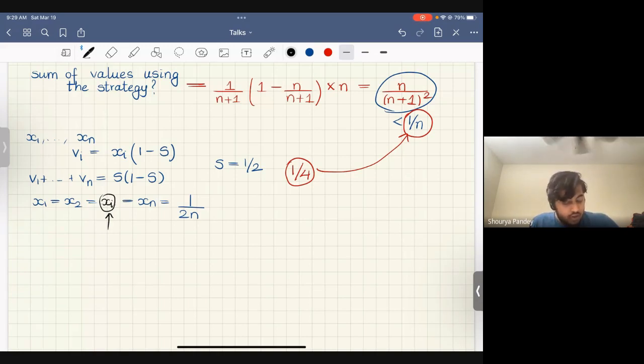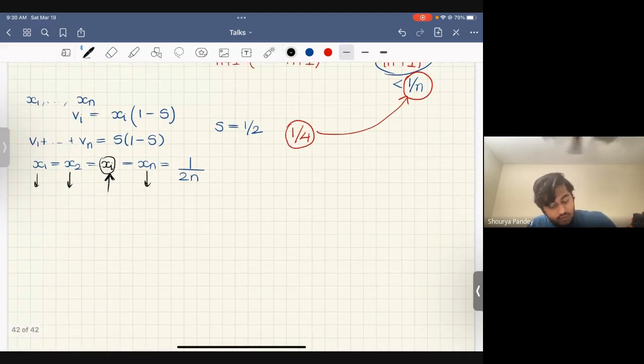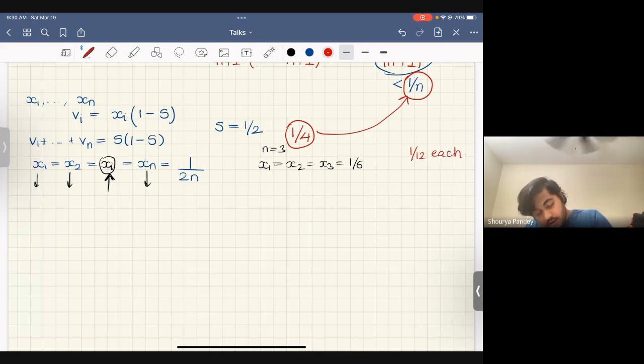And so this xi itself increases their value, but that decreases the values of others. For example, if n is 3, then x1 equal to x2 equal to x3 equal to 1 by 6 would fetch each of them a value of 1 by 12, because 1 by 6 times the sum, which is 1 by 2, is 1 by 12.